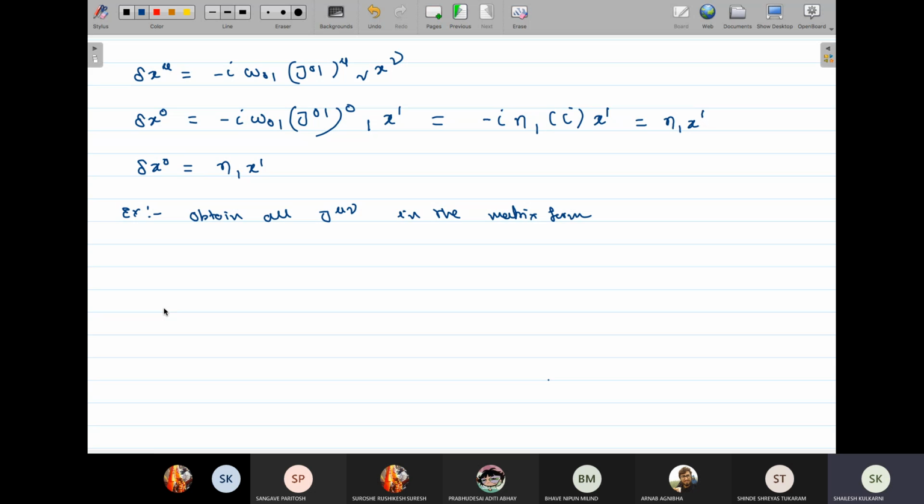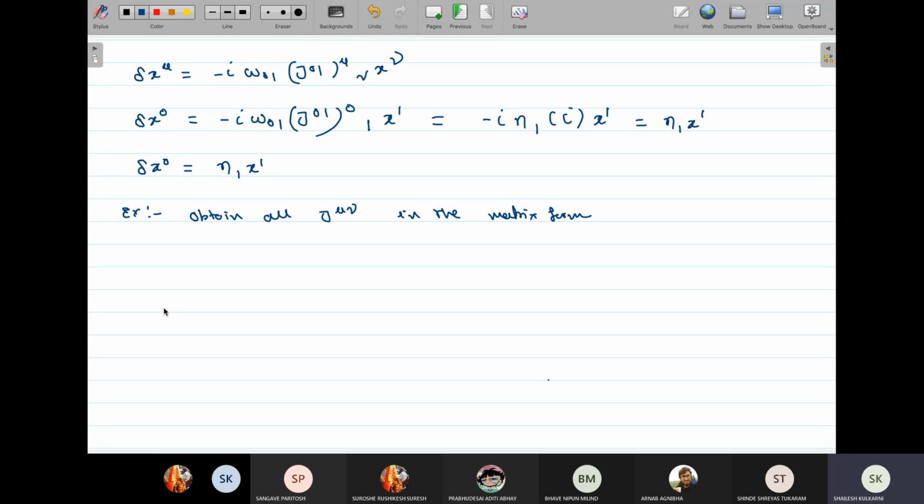And then you try to express any state as a linear combination of the eigenstates of J square and Jz. Why? Because on that state, if I do that, then I know how to act rotation on that, because rotation will be e to the power minus i n cap j cap, and I know how j cap acts on those states. So that is the whole logic.